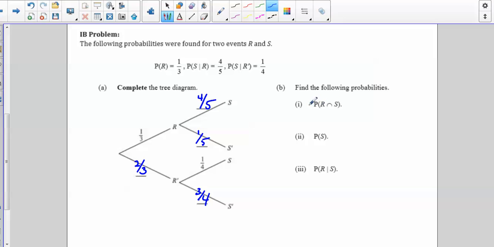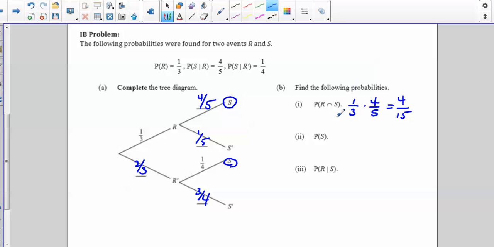Okay, now we want the probability of the intersection of R and S. So that's going to be the probability of R, which was 1/3, times the probability of S given R, which is 4/5. And that gives us 4/15. The probability of S is going to be the sum of the two events where S happens. So that would be R happens and S happens, and not R happens and S happens.